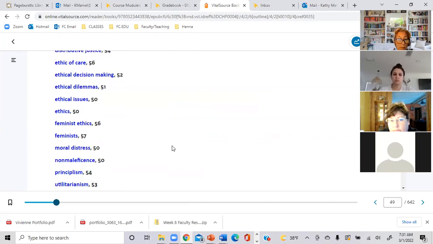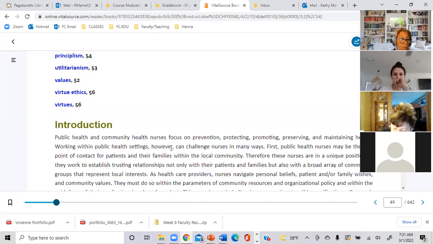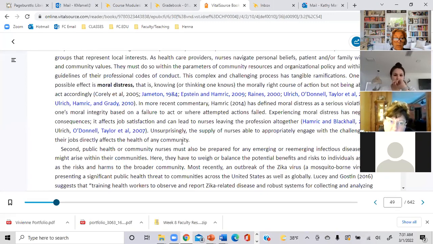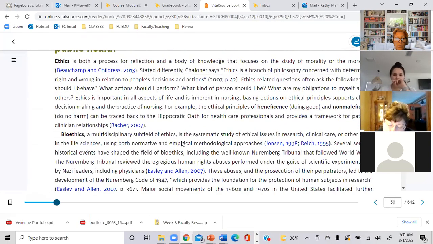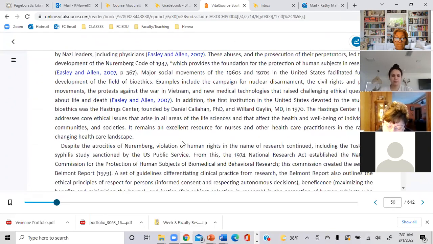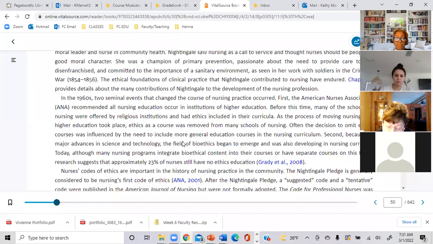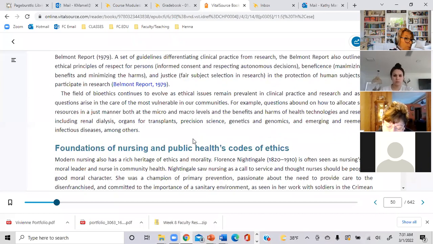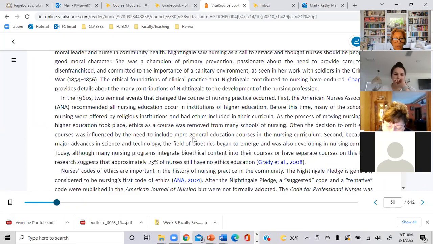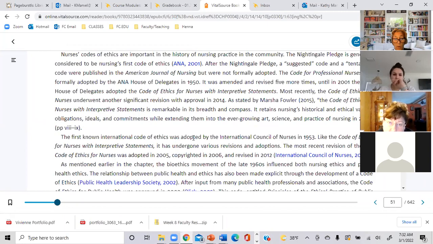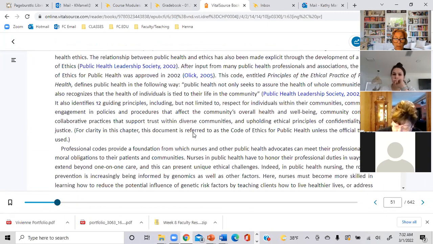Okay. And the National Research Act. There is the National Research Act that we need to know what the definition of that is, or of what they support.